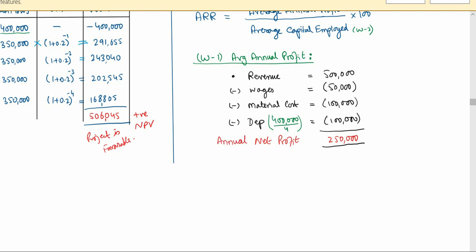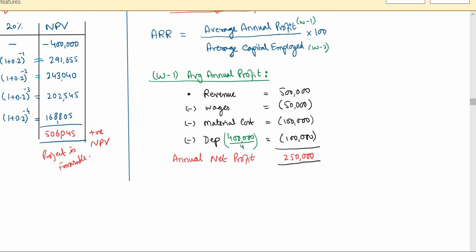So this is the annual net profit, working 1. For working 2, we are going to find the average capital employed.